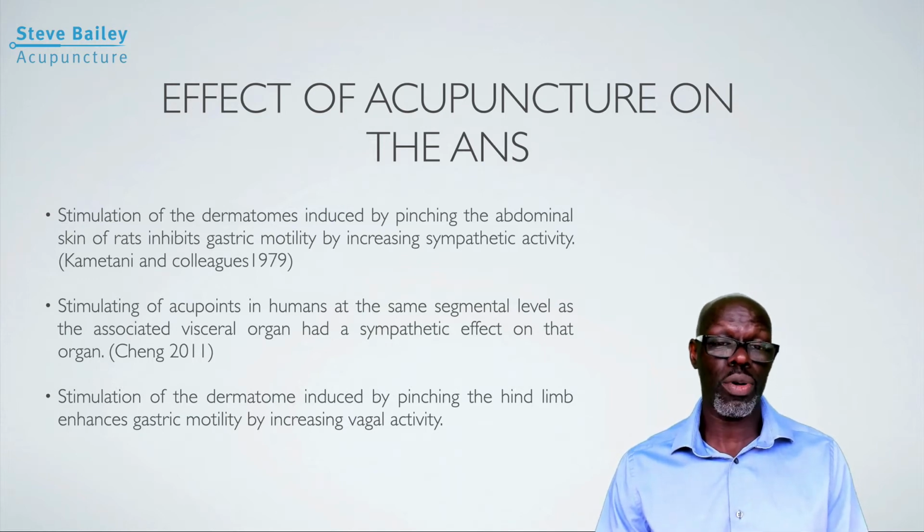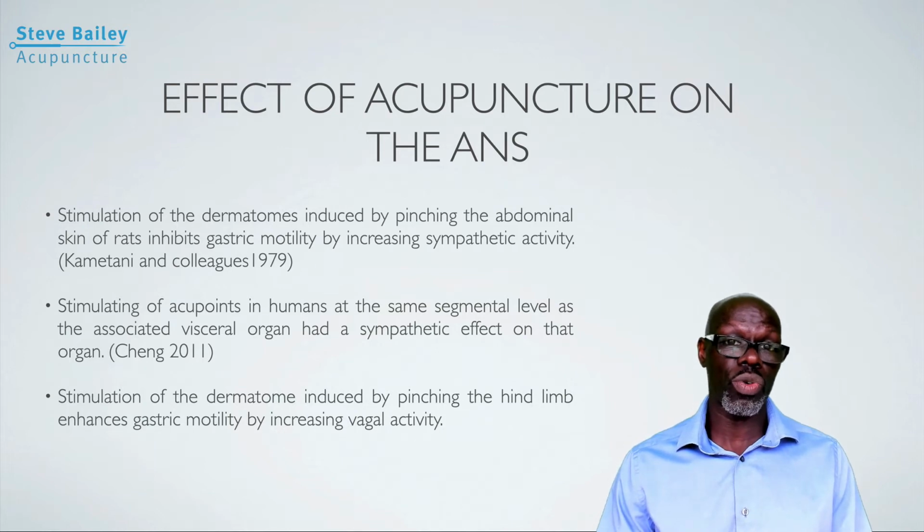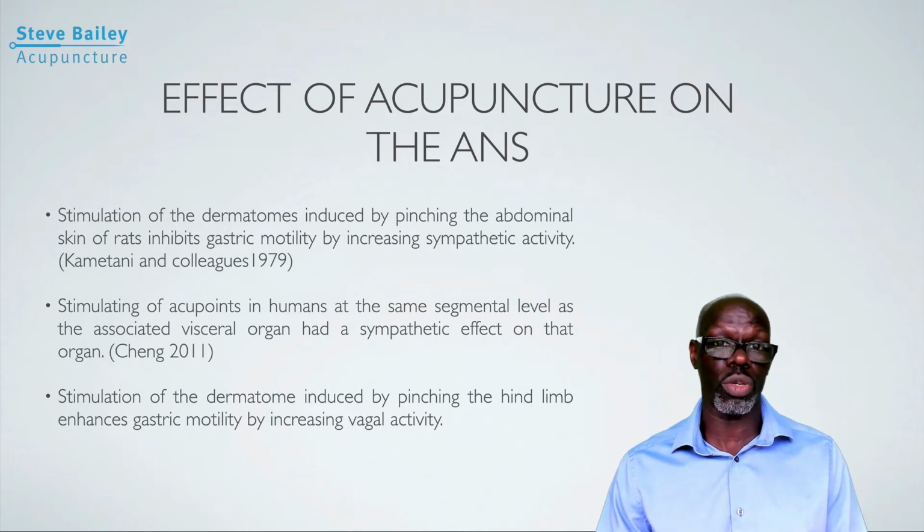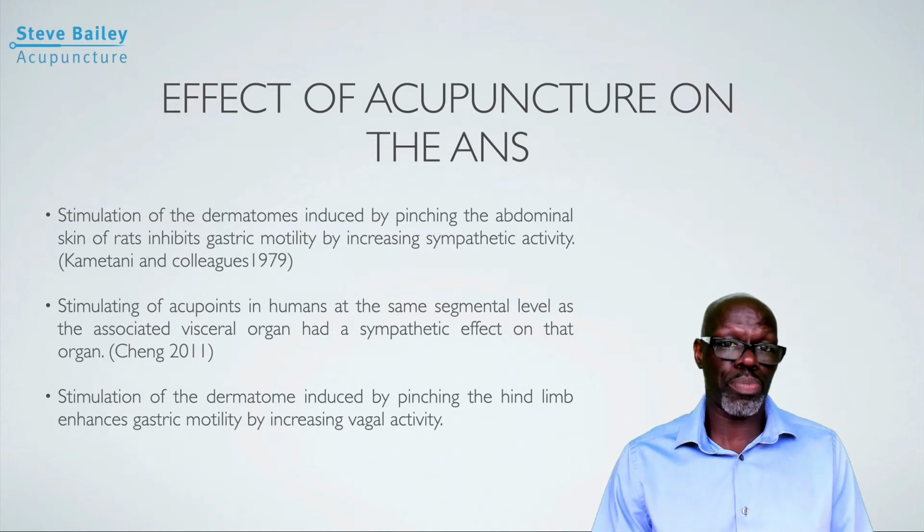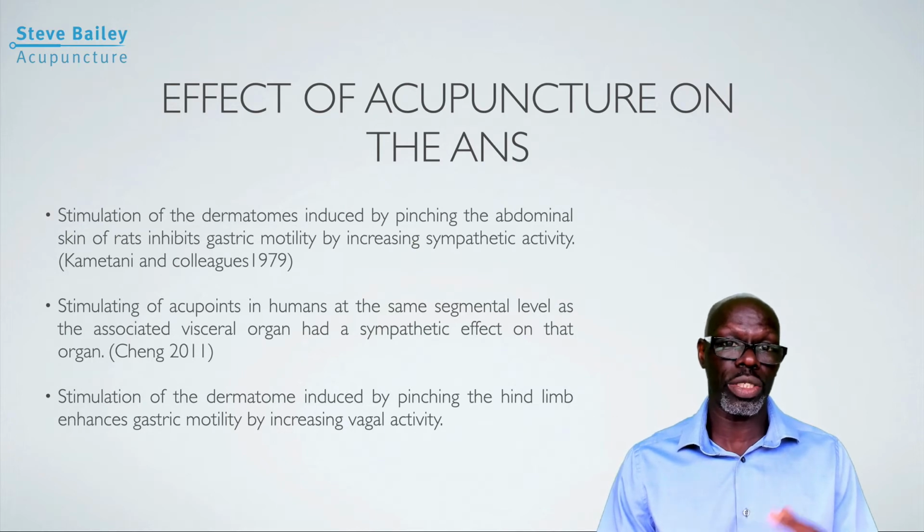So they're quite important. If you want to increase the motility of the stomach, think about your fight or flight. If somebody's preparing for activity, it's a sympathetic response. And what that's going to basically do is take blood away from the stomach and send it to the brain.